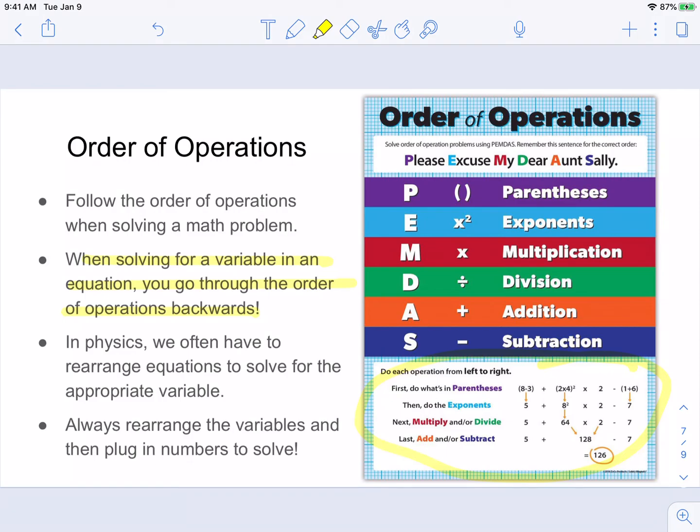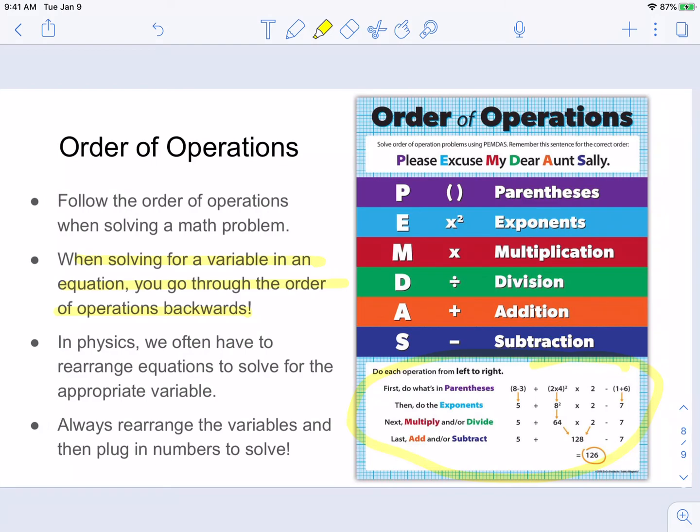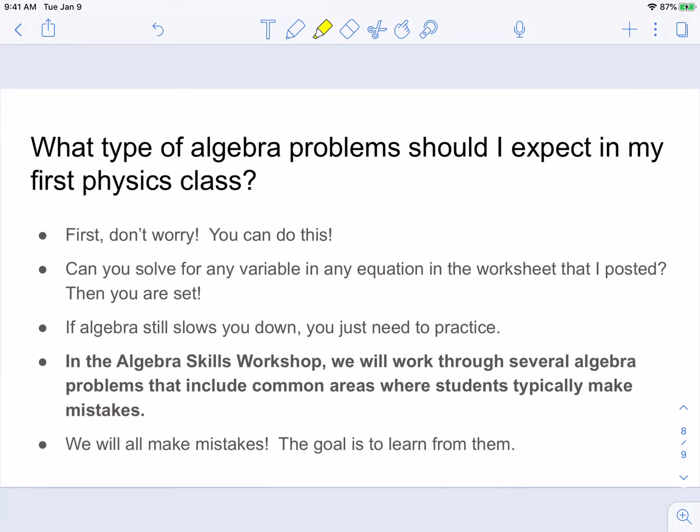What we're doing is we're working backwards, and we're trying to isolate a variable. So in order to rearrange the equation, we actually go through subtraction and addition and move things away that way first. Then we use the division and multiplication, and then we do exponents and parentheses. So this is how we make our way through algebraic equations, and we're going to do so much practice with this, folks. And I just want to reference this so you know where we're getting the order of the right way of doing it.